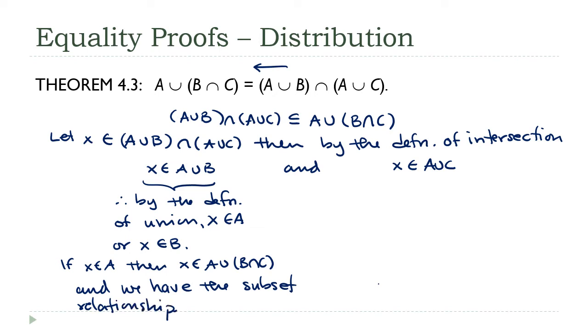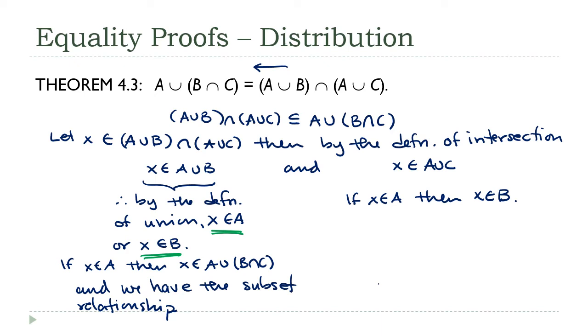Okay, what if X is not in A? All right, well, if X is not an element of A, then X must be an element of B, right? Because one of these two things over here has to be true. Well, if it's not this one, then it must be this one, right?